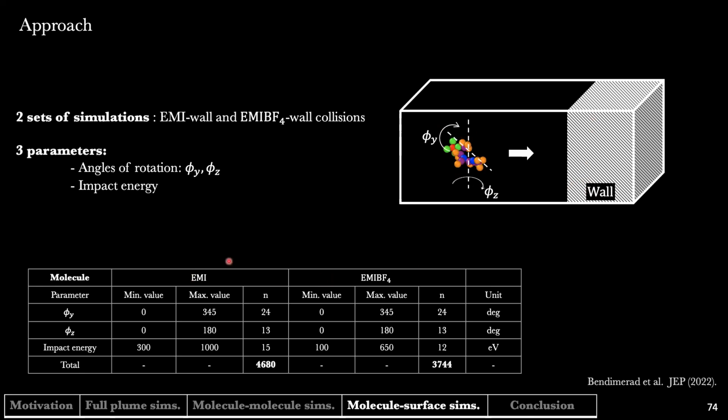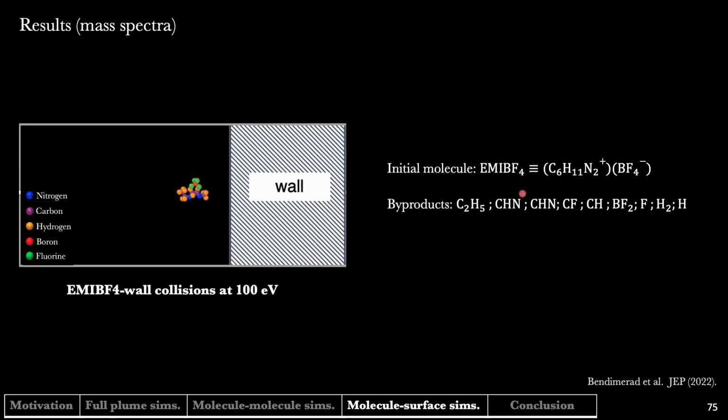And we do two sets of simulations, one for EMI wall collisions and one for EMI-BF4 wall collisions. And this is an example of the simulation. We start with one big molecule that is EMI-BF4, and then we end up with 9 different byproducts after the collision.